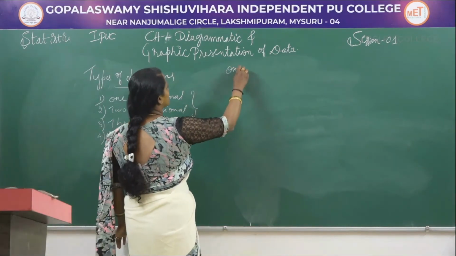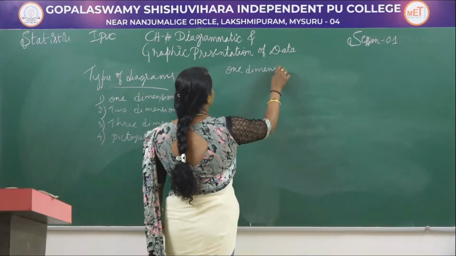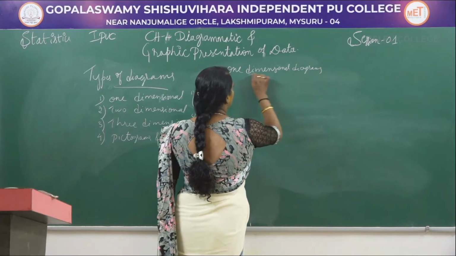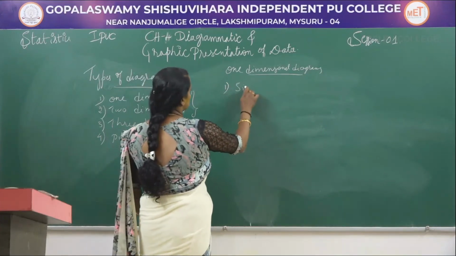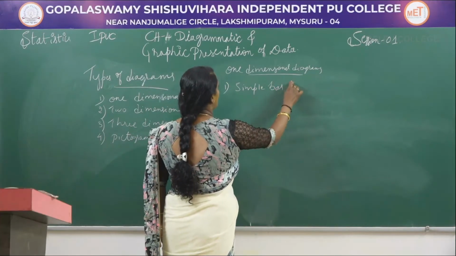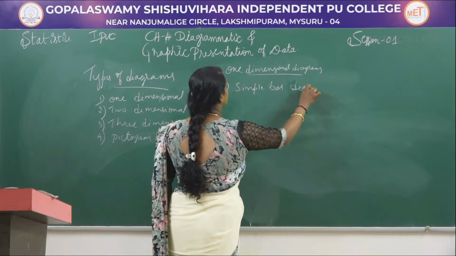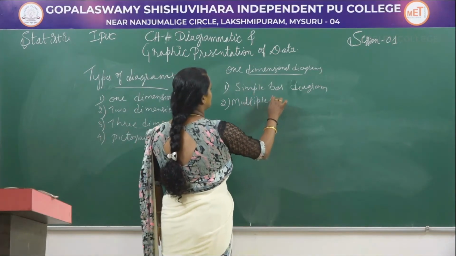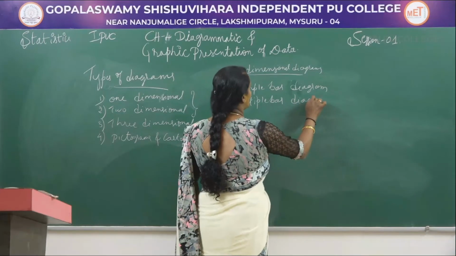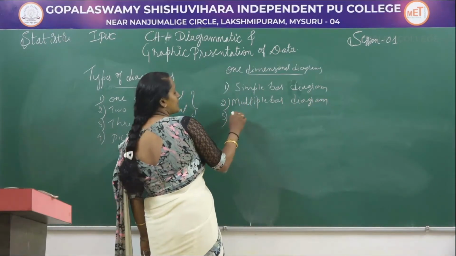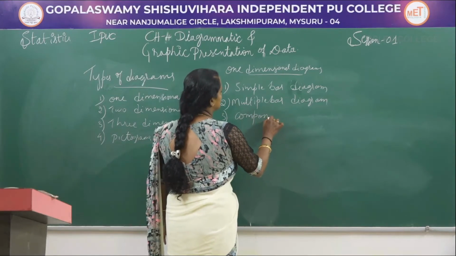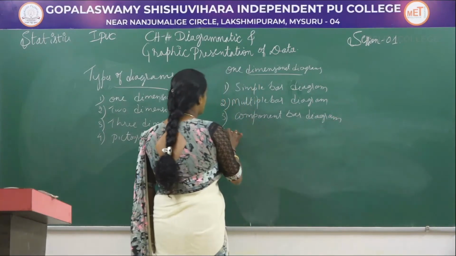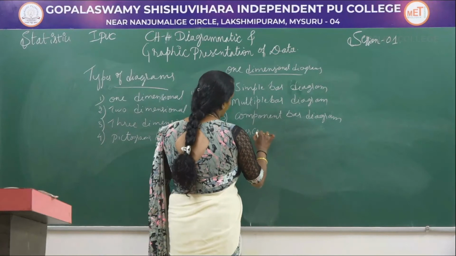In one dimensional diagrams, first is simple bar diagram, multiple bar diagram, third one is component bar diagram, and last one is percentage bar diagram.